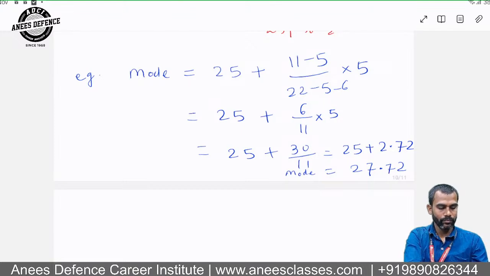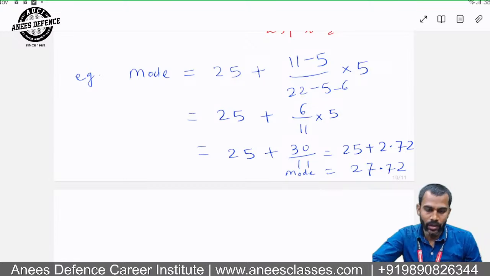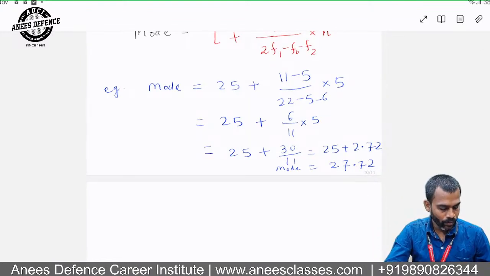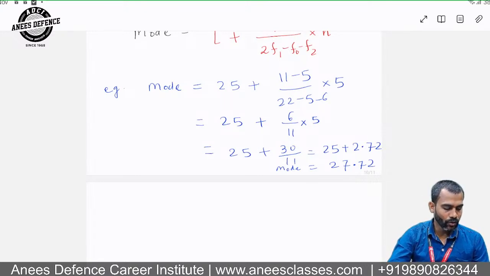Yes or no? 27.72 is mode. Yes, online students, have you understood? We have taken the same example to find out mode. Yes. Shall we move ahead? Yes or no?